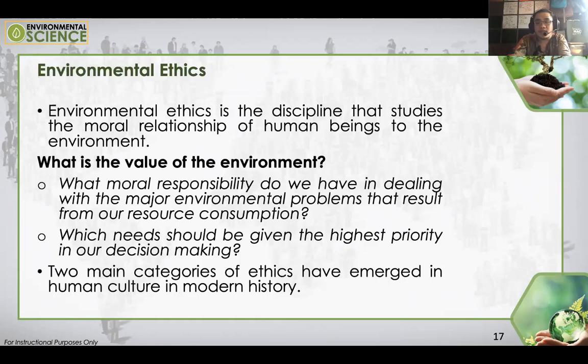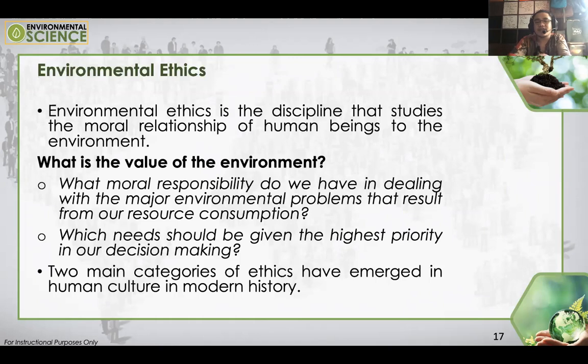Number one, what moral responsibility do we have in dealing with the major environmental problems that result from our resource consumption? Which needs should be given highest priority in our decision making? Again, let's go back to decision making. What I said earlier, in every deliberation that you do, always consider the next 7 generations. So that's one thing to consider.